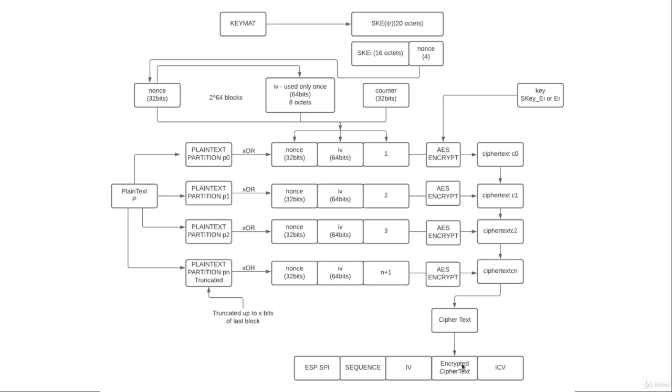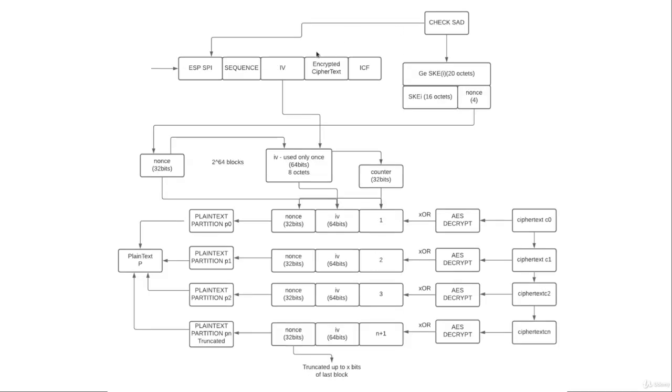The recipient gets the packet and extracts the ESP SPI information from that field in the header. It does a lookup against the Security Association database to get the key that was used to encrypt the data, which would be the same key to decrypt. It also extracts the initialization vector, which is in the clear after the ESP SPI and sequence number payloads.